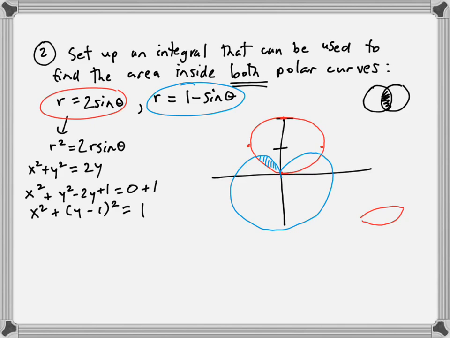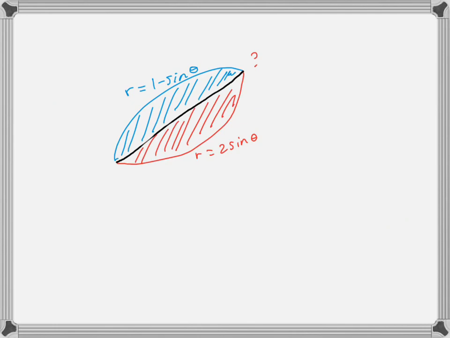So here's how we figure it out. We want to take those two curves and set them equal to each other. If we do that, we end up getting 1/3 is equal to sine theta, or theta is equal to arc sine of 1/3.